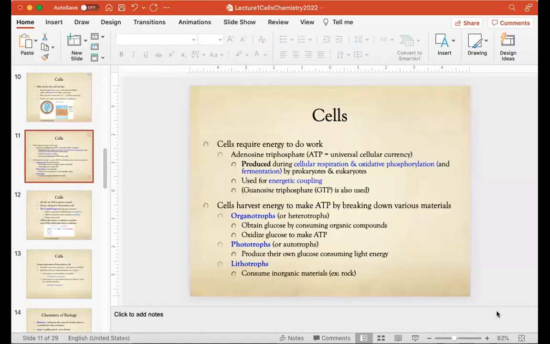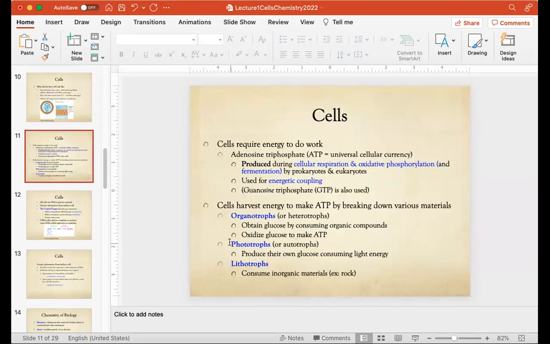Now, the second category is called a phototroph or autotroph. Phototrophs actually don't have to eat in order to get their glucose. They're going to make their own glucose by harvesting energy from light.